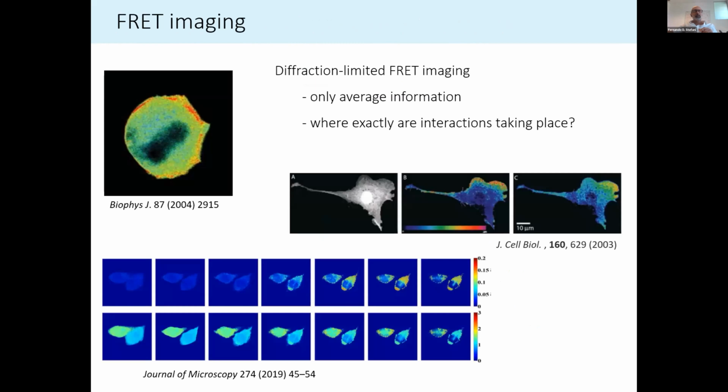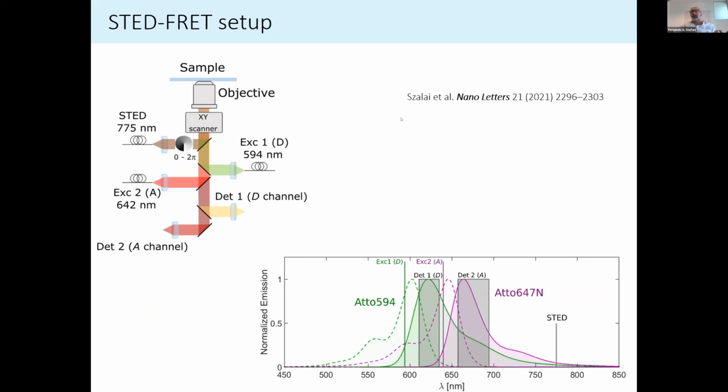There are numerous protocols to implement FRET imaging, but of course, diffraction limited FRET imaging has limitations because we are only obtaining an average information over many FRET pairs inside a large volume, and also so that we don't know exactly where those interactions are taking place. So it's interesting to try to obtain a super resolved FRET pipeline.